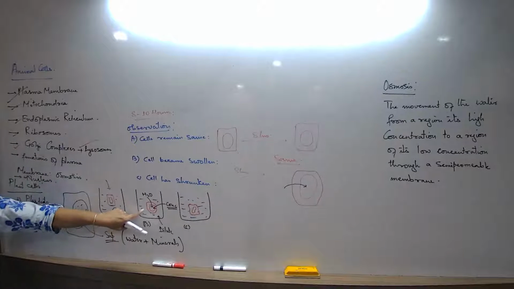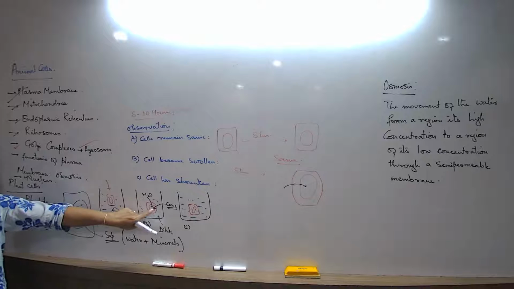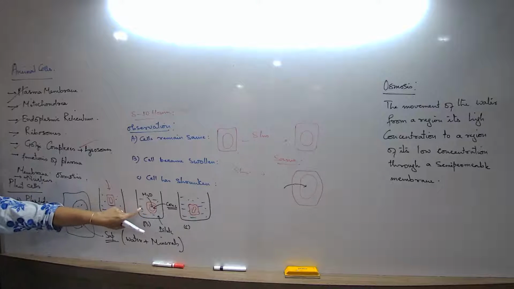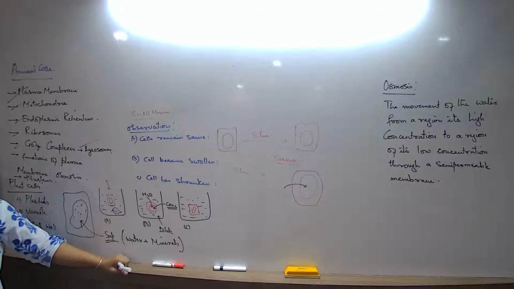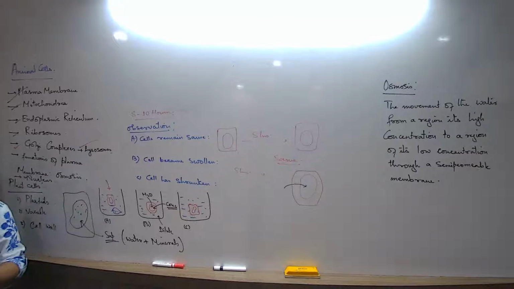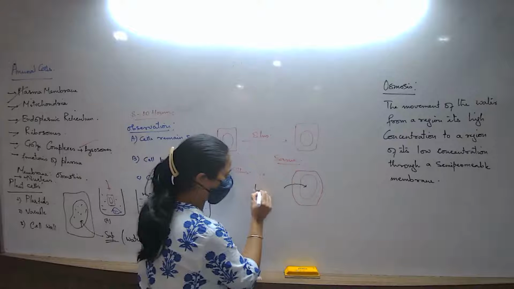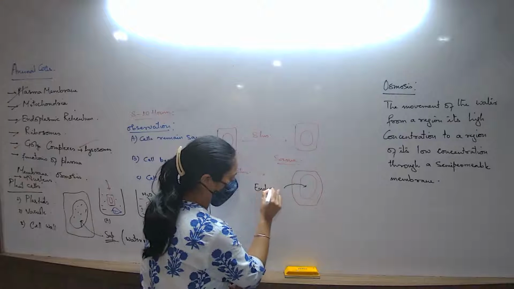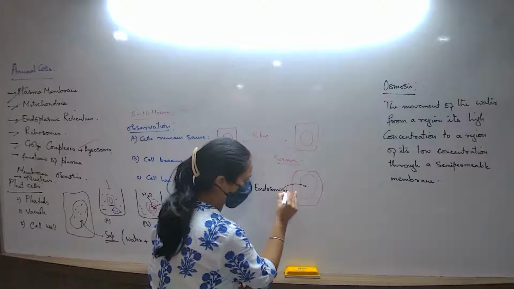Water is moving from a region of high concentration to a region of low concentration. Is that correct? So when a cell gets water from outside, when the water is entering the cell, what type of osmosis is this? Endoosmosis.